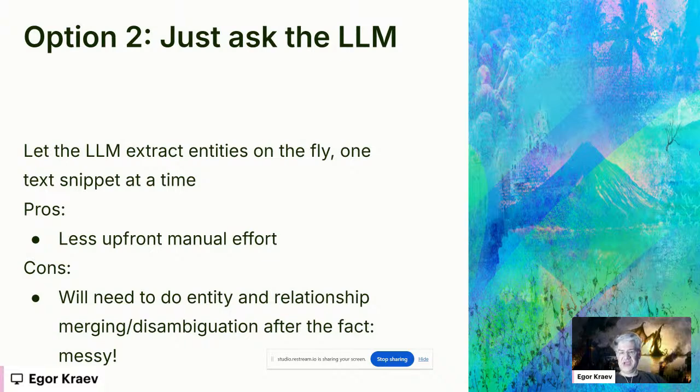The problem you'll run into then is entity and relationship disambiguation. So the same logical entity will be referred to in slightly different ways in different text snippets. And once you've extracted it, it's much harder to determine that it is in fact the same entity. And you'll have to probably again go to LLMs or do some kind of fairly messy magic to determine that these three different strings actually refer to the same thing, to the same logical meaning.